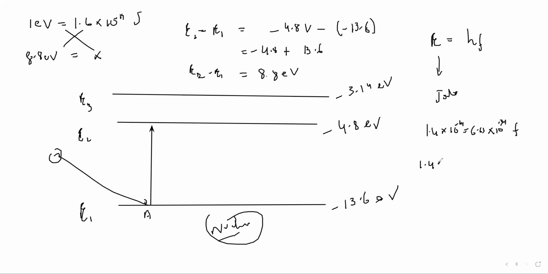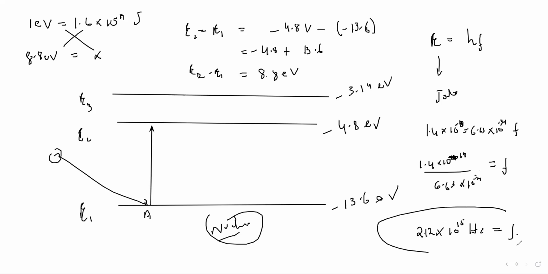So 1.4 into 10 to the power minus 18 divided by 6.63 into 10 to the power minus 34. What is the answer for the frequency? That is equal to 2.12 into 10 to the power 15, and the unit of frequency is hertz. So you will get the frequency of this photon.